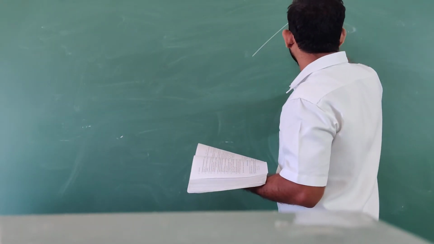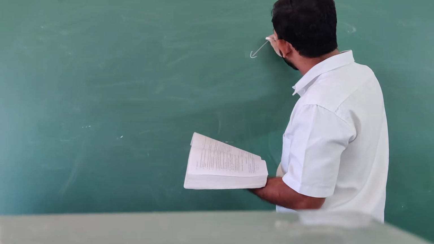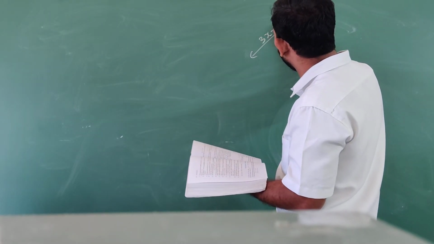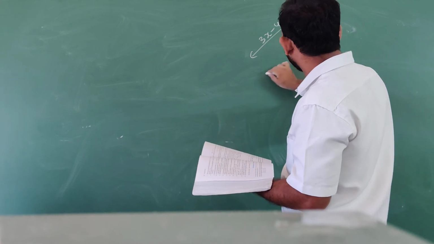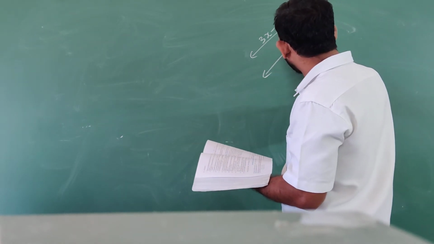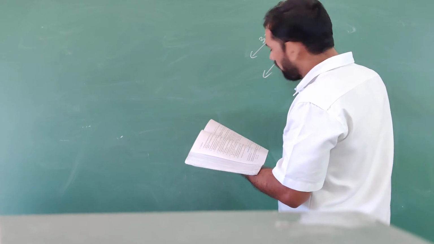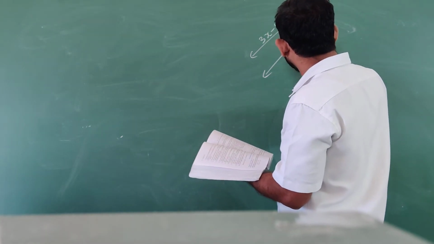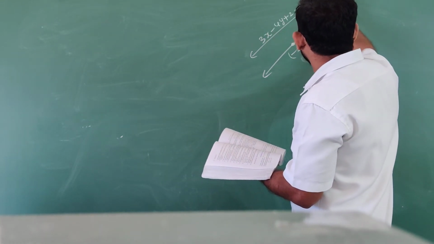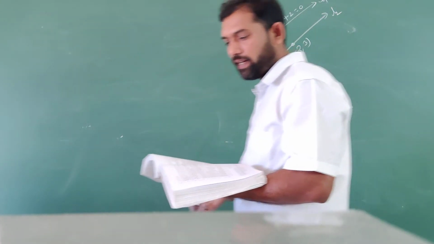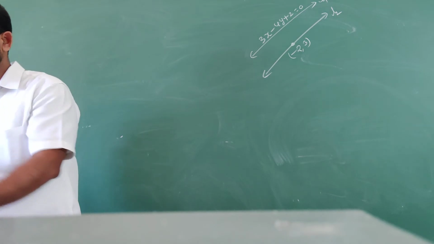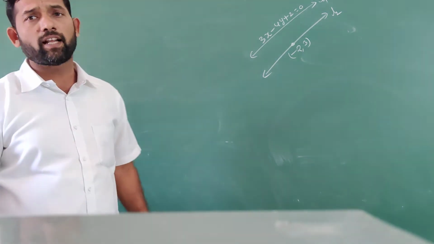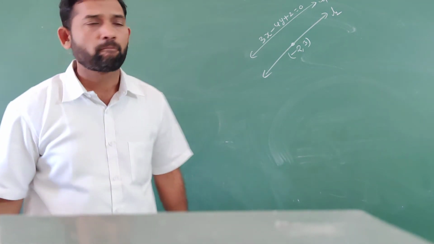One line is already given, 3x - 4y + 2 = 0. The other line passes through the point (-2, 3). This is L1, this is L2. They are asking for these two lines to be parallel, so what is the equation of line L2? Since the two lines are parallel, their slopes are equal.